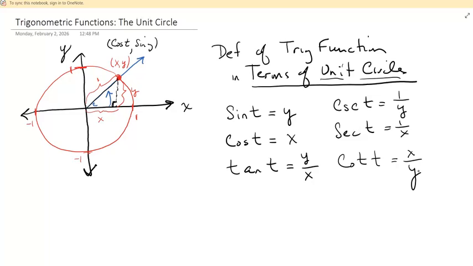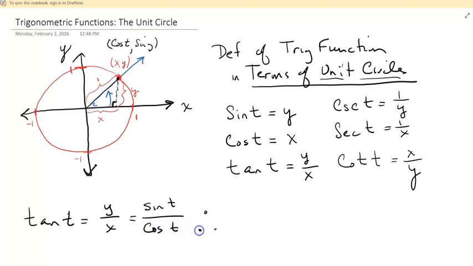So this actually leads us, before we go any further, I want to talk about the fact that tan of t, I forgot to put my t in there, is y over x. Well, we already said that y is sine, x is cosine.